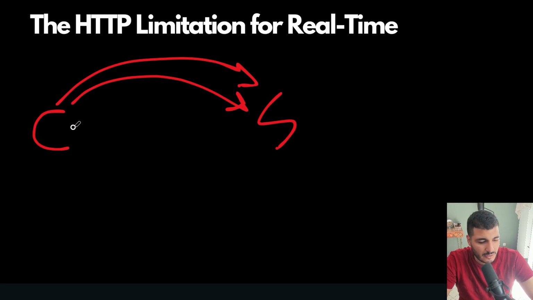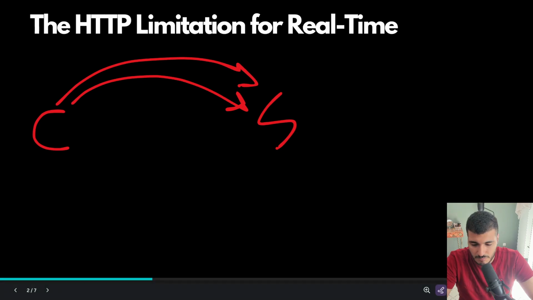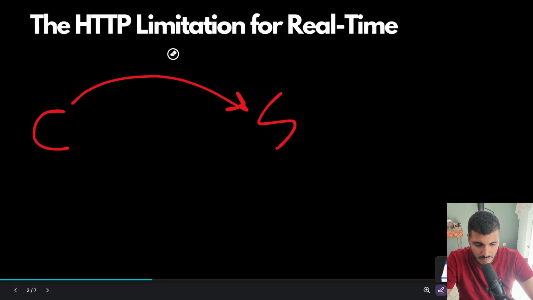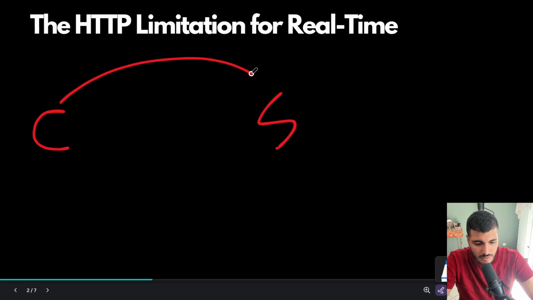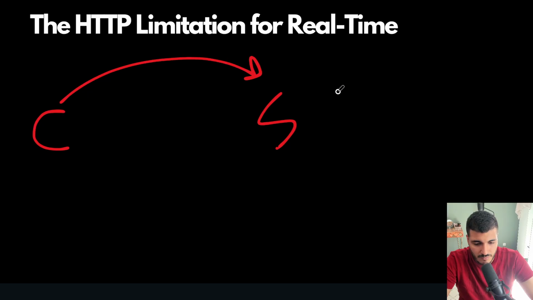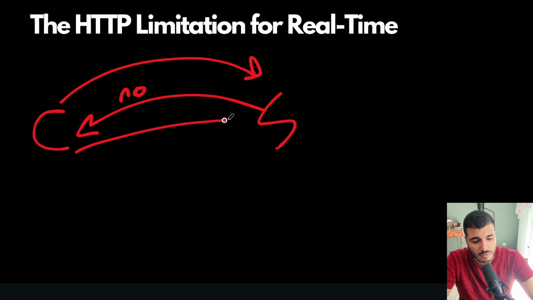It basically goes like that. The client, let me delete this to be easier for you guys to see. The client will send a request to the server asking, do we have anything new? The server will say, no, we don't have. Another 5 seconds later the client will send, do we have anything new?